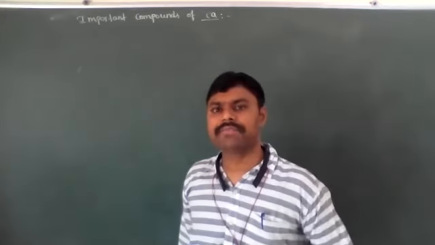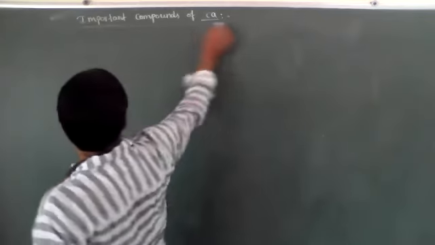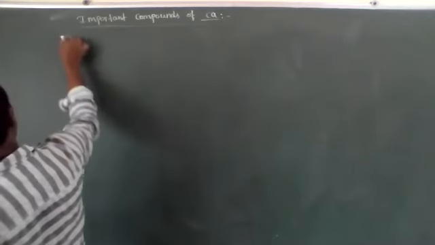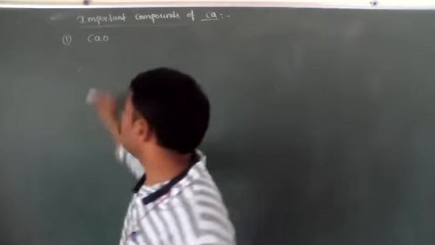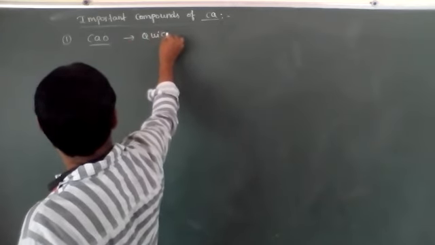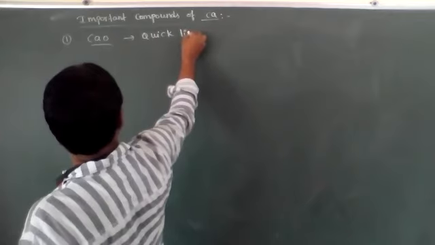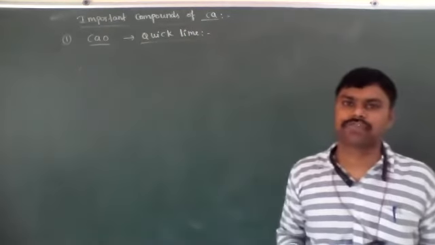Those are all very important compounds of calcium. First we'll discuss calcium oxide, CaO. This calcium oxide is also known as quicklime.